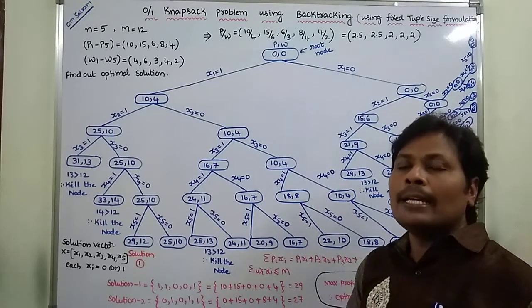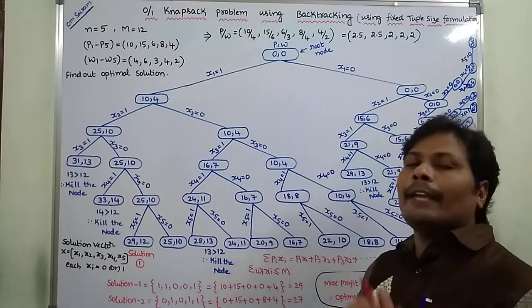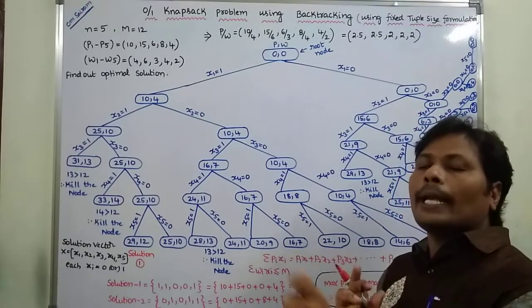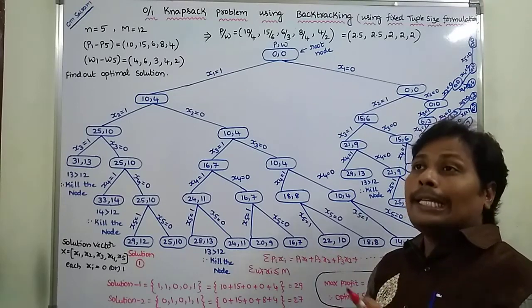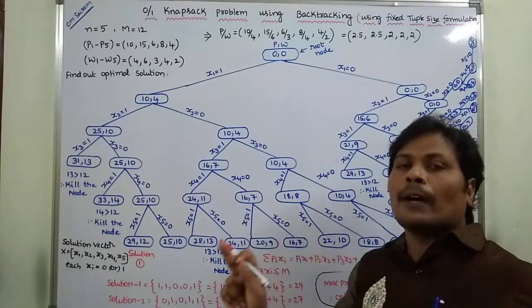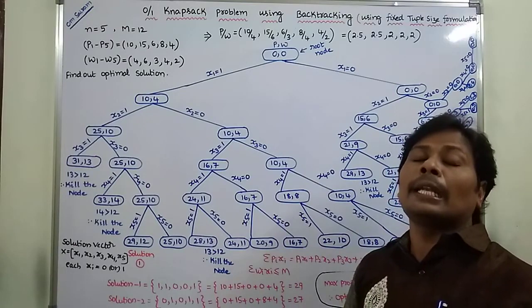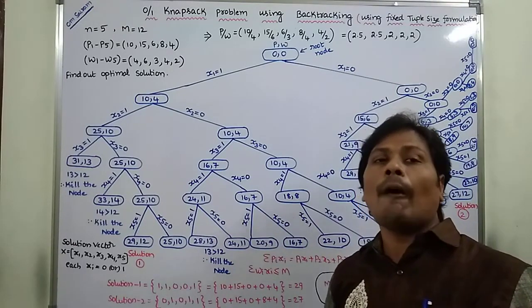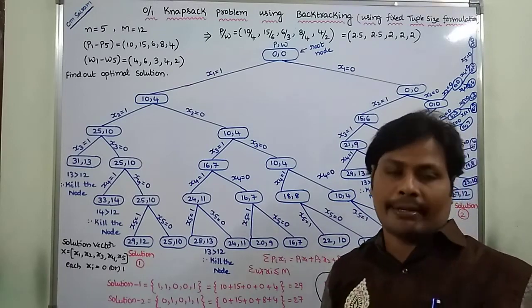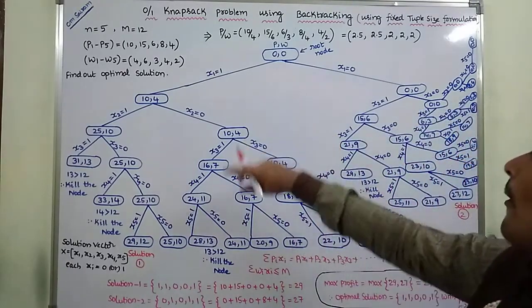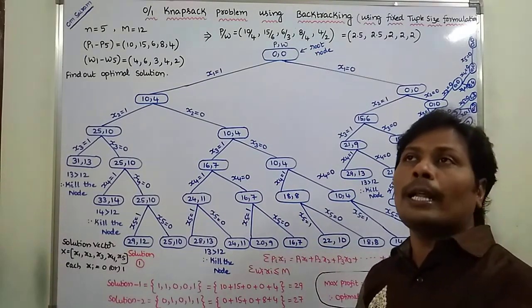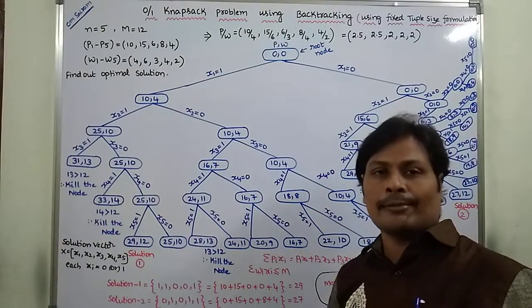Once again, suppose we take a given problem that has, for example, n number of solutions. These n solutions can be represented using a tree, and that tree is called a state space tree.